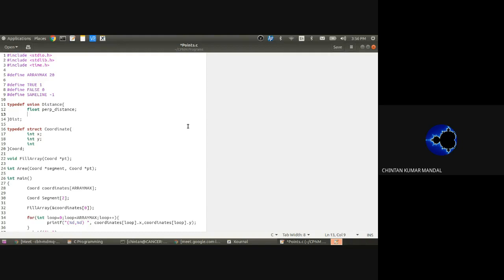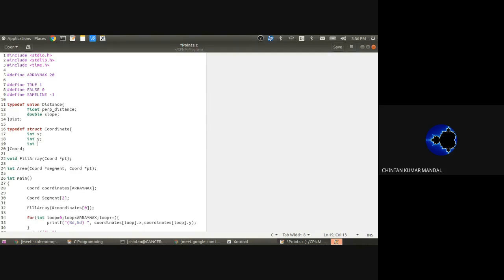Okay, so basically you want to take a double or float. Double is basically slope, right? So it can be that it's a point.